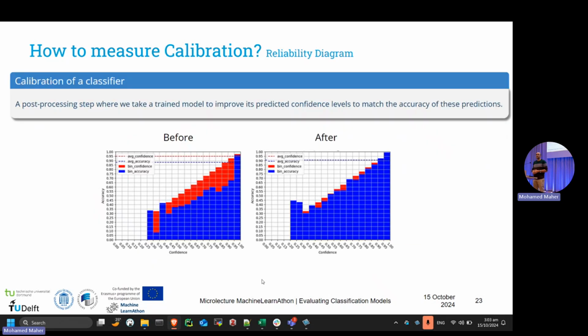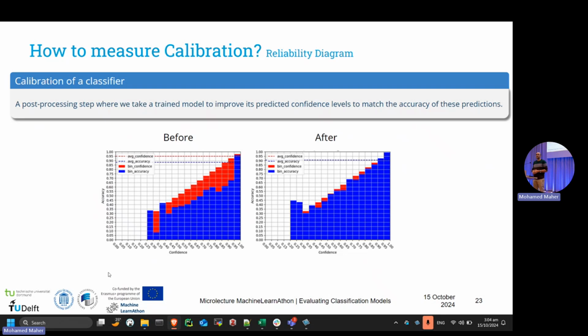There is a process called the calibration of classification neural networks, which is a post-processing step to the model training, where we have the trained model as an input and we are trying to improve or map its predicted confidence level to another level in order to match the accuracy of these predictions.